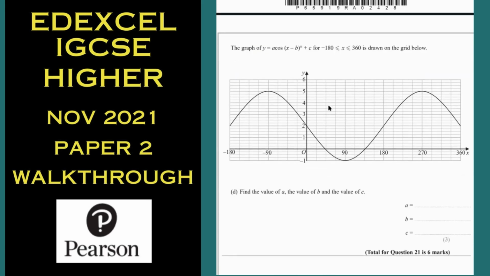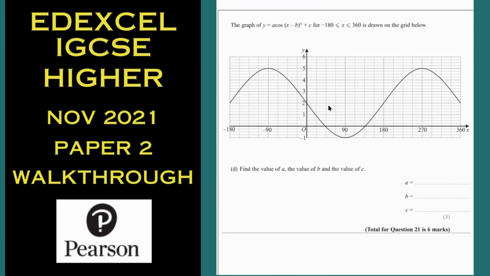To part D, lots has happened here. Again, think back to the sine curve. What does 2 sine x look like? It doubles the amplitude. So when you have this letter A here, the maximum is at 5, the minimum is at -1. That's 6. So where it would be, its regular amplitude has been trebled.